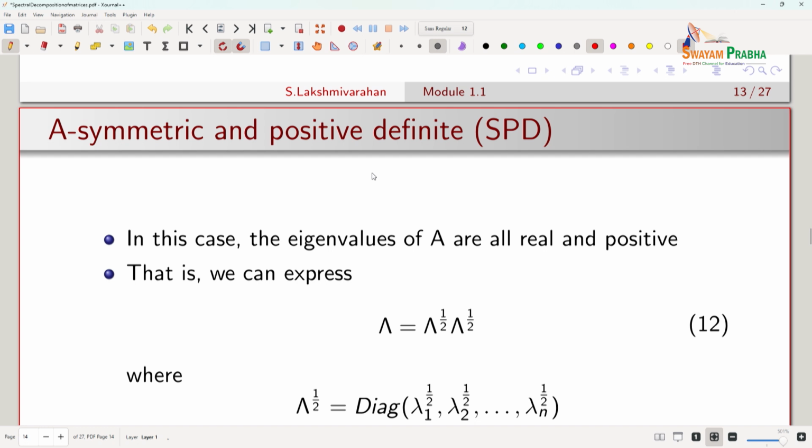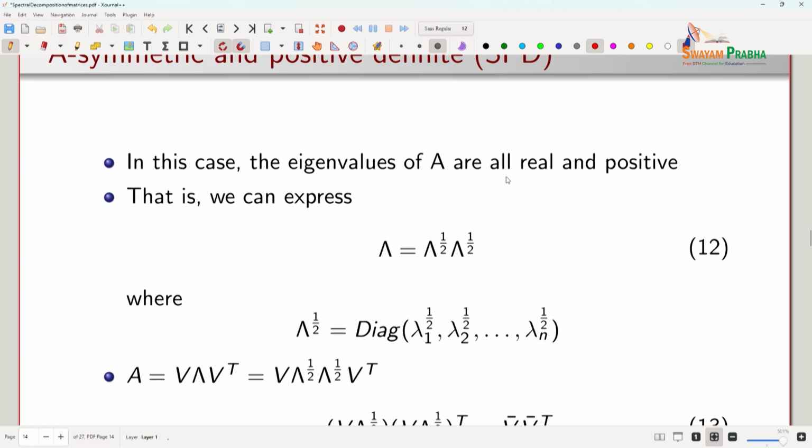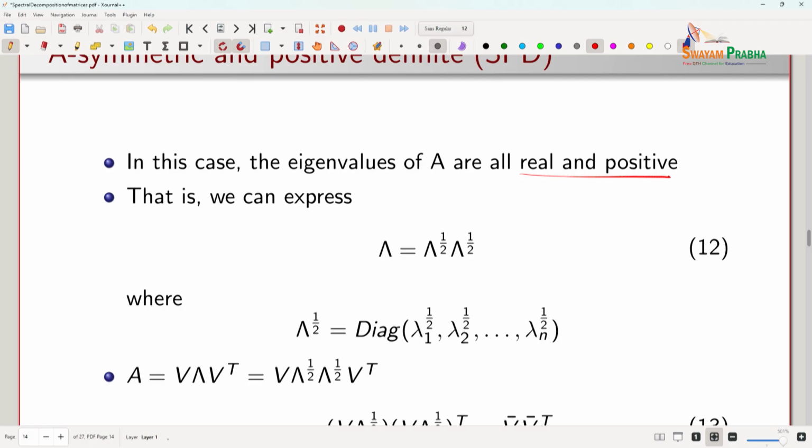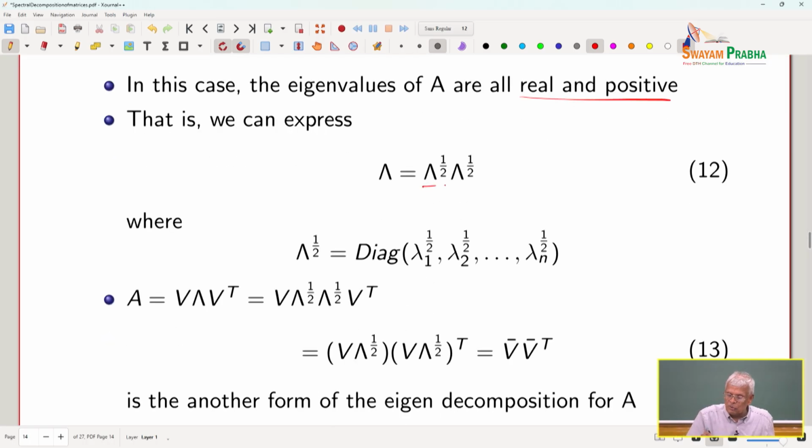Now, we are going to go to symmetric and positive definite matrices, SPD. In this case, eigenvalues are real and positive. For a general matrix, eigenvalues can be real or complex. For a symmetric matrix, eigenvalues are real. For a symmetric positive definite matrix, the eigenvalues are real and positive. In that case, I can express lambda as lambda to the power half times lambda to the power half.